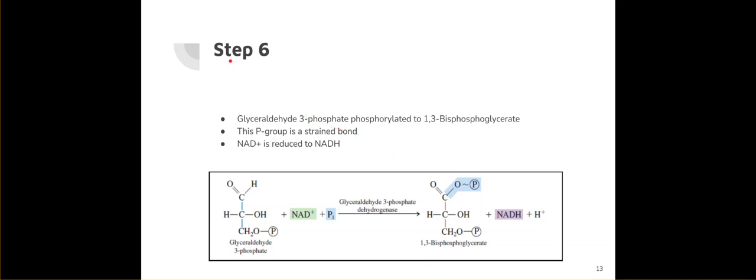Step 6 is now these 2 glyceraldehyde 3-phosphates get phosphorylated into 1,3-bisphosphoglycerate. And so here we have our 3-phosphate.